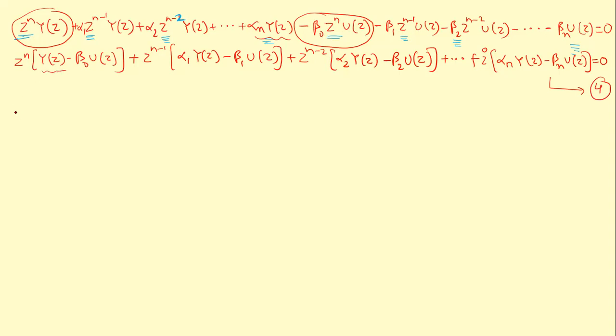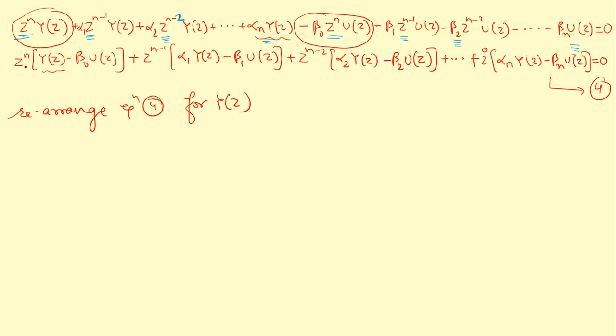So we will rearrange equation 4 for yz, though yz will be on both the sides. So we will rearrange it in this way, that we have this yz here, and the rest of the terms will be on the other side.